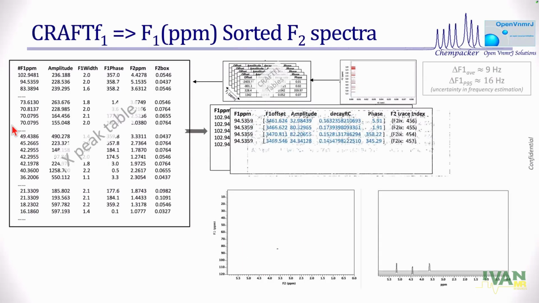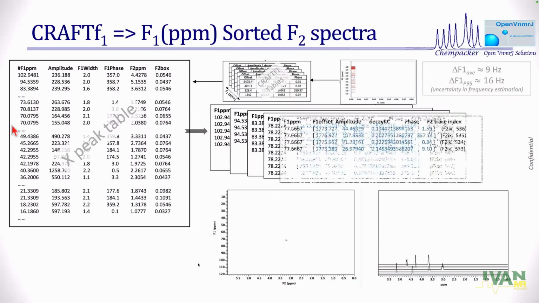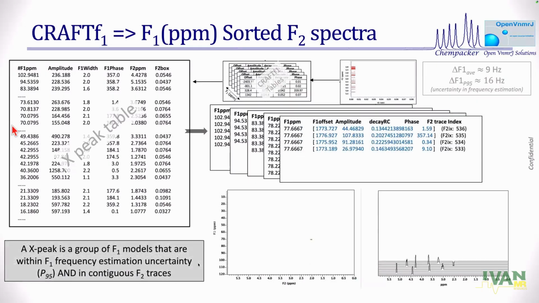So essentially, I just generate one 2D after the other from each drawer in that cross-peak table, each drawer in that cabinet of cross-peak table. And essentially, I get a singular cross-peak 2D spectrum.